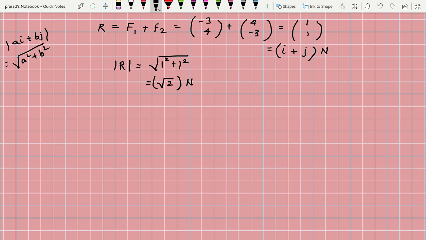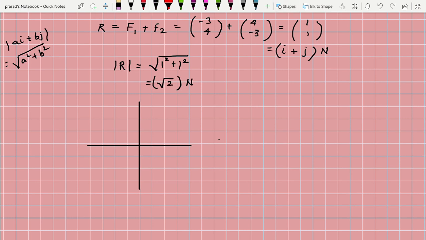And secondly, I want to find out the bearing on which this resultant is acting. So let me just sketch the resultant here. So this is the XY system. Now in this XY system, I will just sketch the vector.